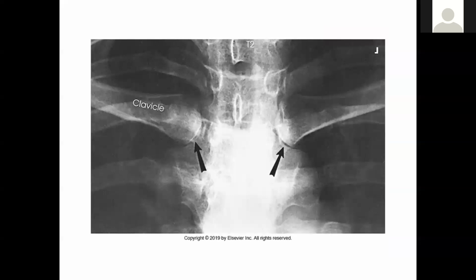For sternoclavicular joints, a fairly rare exam, but typically a 3 projection series, PA and obliques. And looking at films, you should be collimated and centered right on the manubrium of the sternum. So you just need the medial ends of the clavicles. Your manubrium is here.